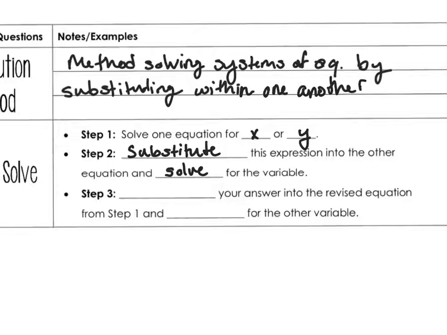Our objective is to get just one variable in the equation, because with two variables you can't really solve. And then step 3 says substitute your answer into the revised equation from step 1 and solve for the other variable.